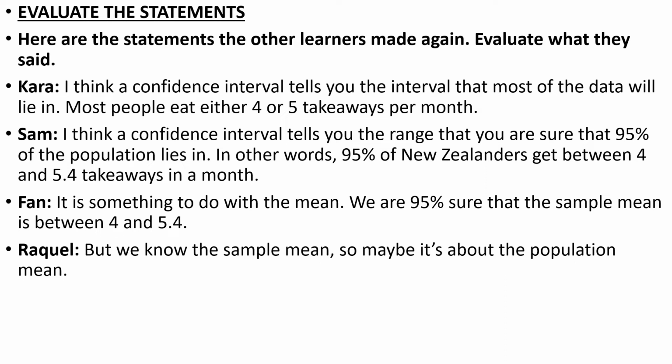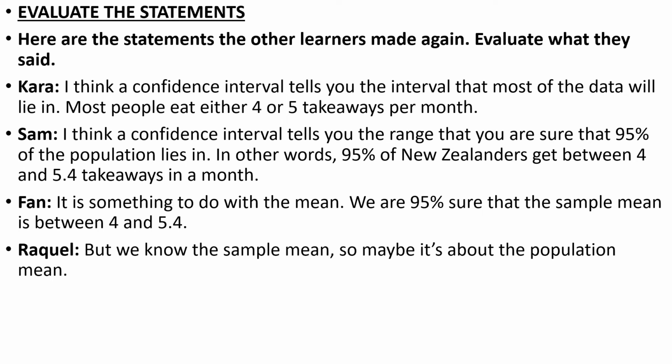Most people eat either 4 or 5 takeaways per month. Sam: I think a confidence interval tells you the range that you are sure that 95% of the population lies in. In other words, 95% of New Zealanders get between 4 and 5.4 takeaways in a month.